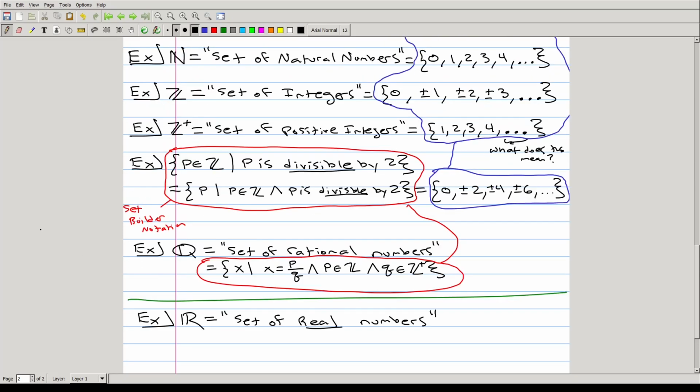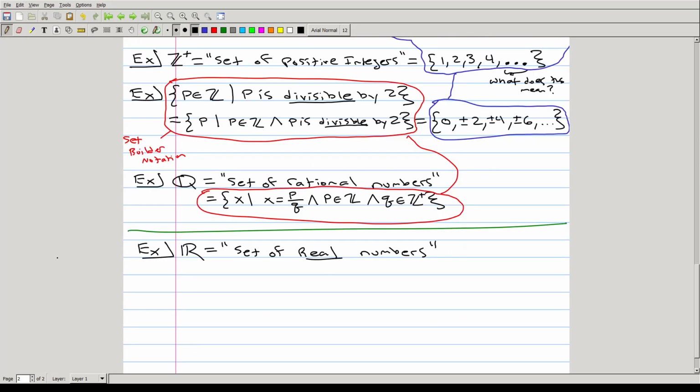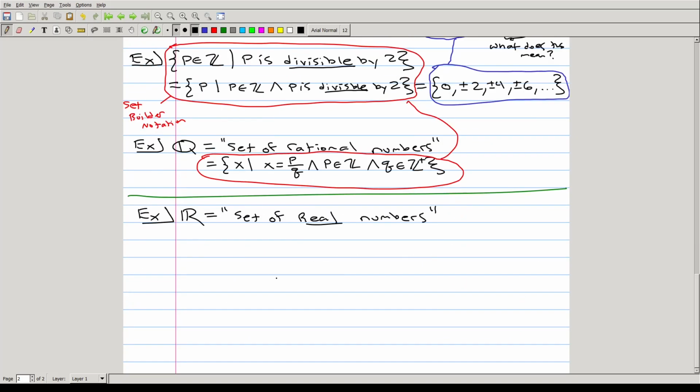But what we will prove in this course that's quite interesting is that the set of real numbers is actually, in some sense, a larger infinite set than the set of rational numbers. Which is very, very neat. By real here, we just mean rational or irrational.